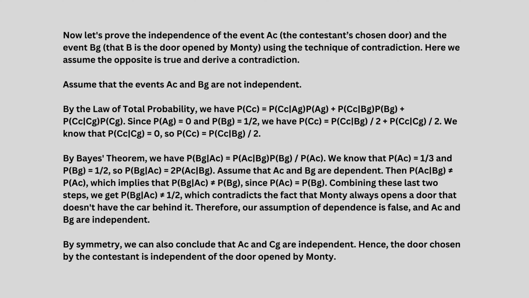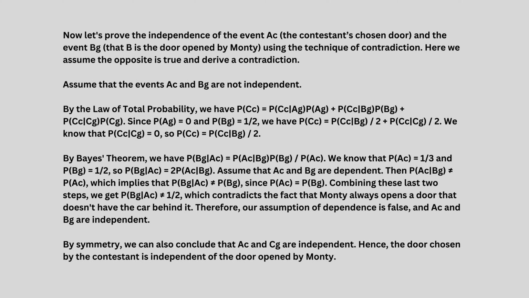By Bayes' theorem, we have the probability of BG given AC equals the probability of AC given BG times the probability of BG, divided by the probability of AC. We know that the probability of AC equals 1/3 and the probability of BG equals 1/2. So the probability of BG given AC is equal to 2 times the probability of AC given BG.